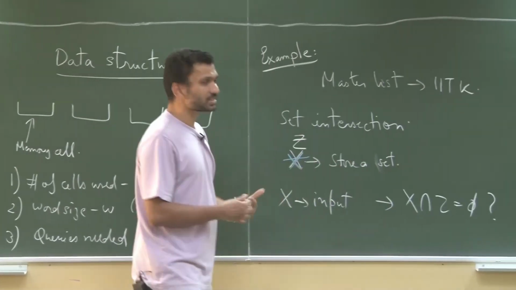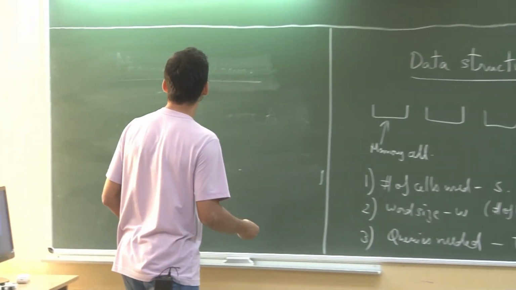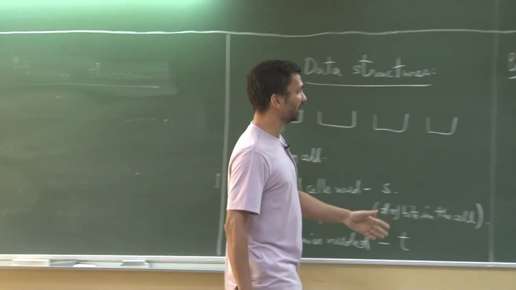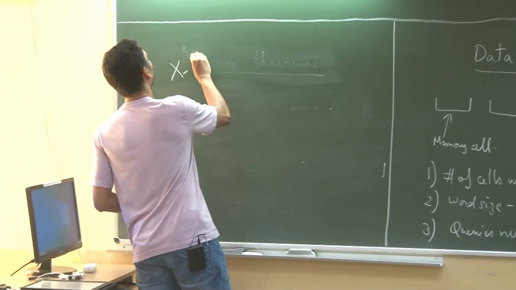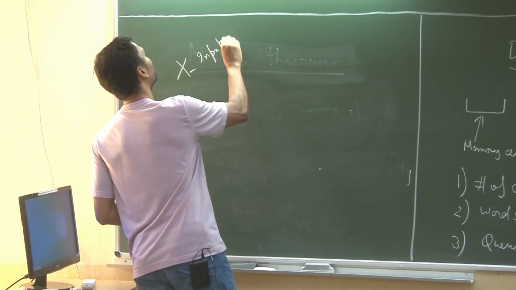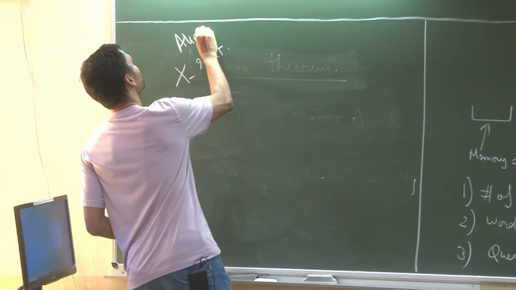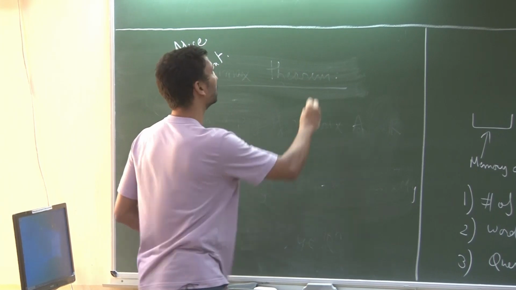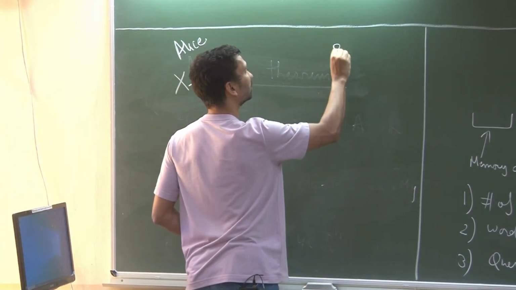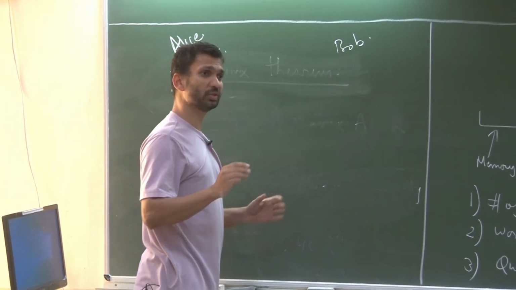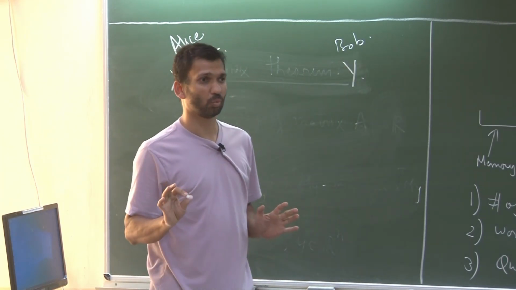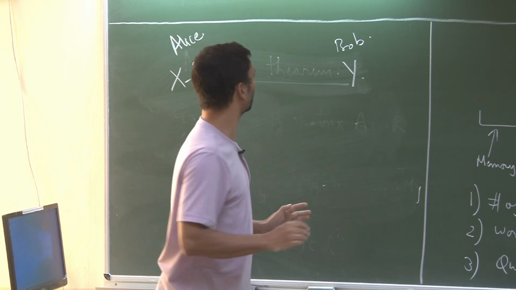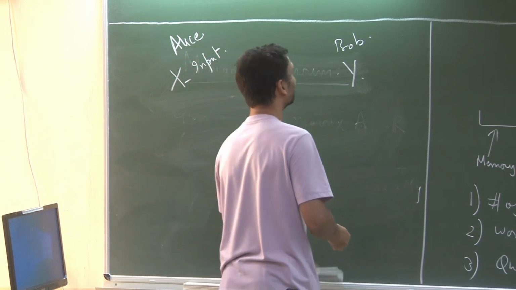One way to notice that would be to say that, let's say X is the input with a party Alice, and this data structure is with Bob. Y. Sorry, the data structure was Z.